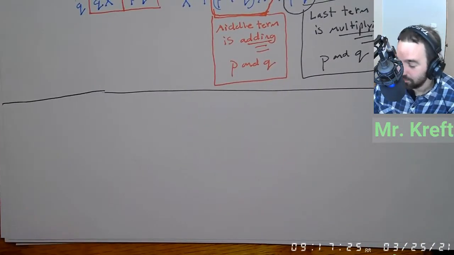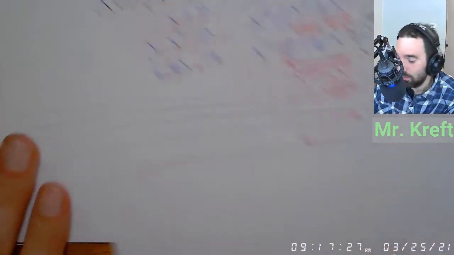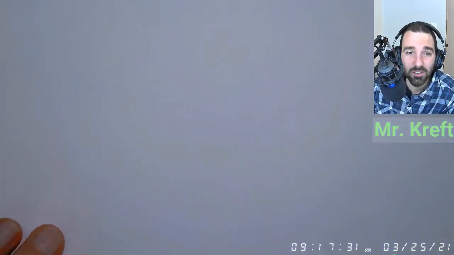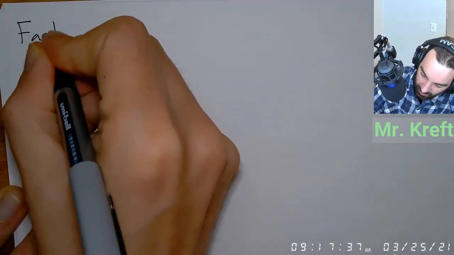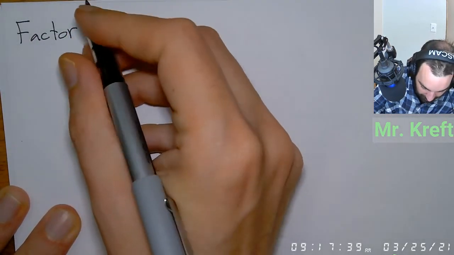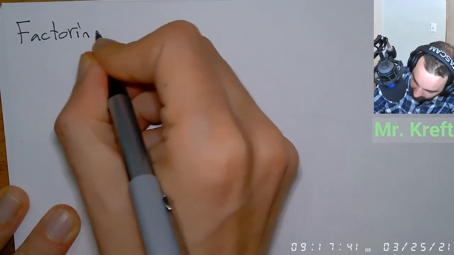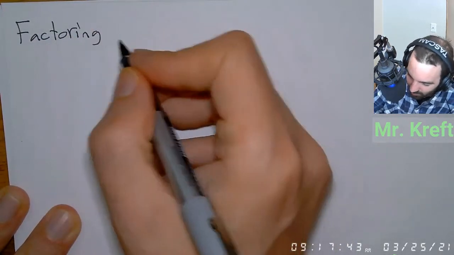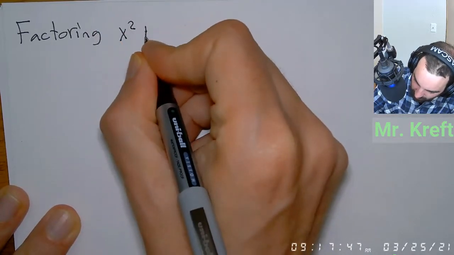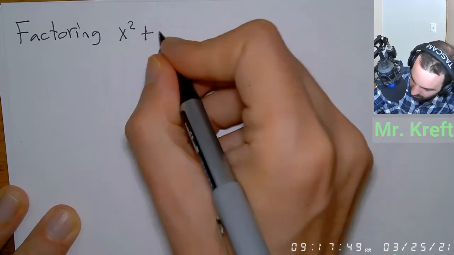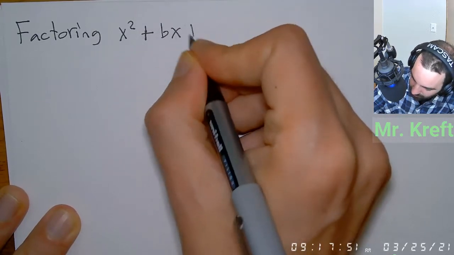All right, so you know what? I'm just going to flip this page over because I want more space. All right, so guys, we're going to factor. We're doing something. We're factoring x squared plus bx plus c.